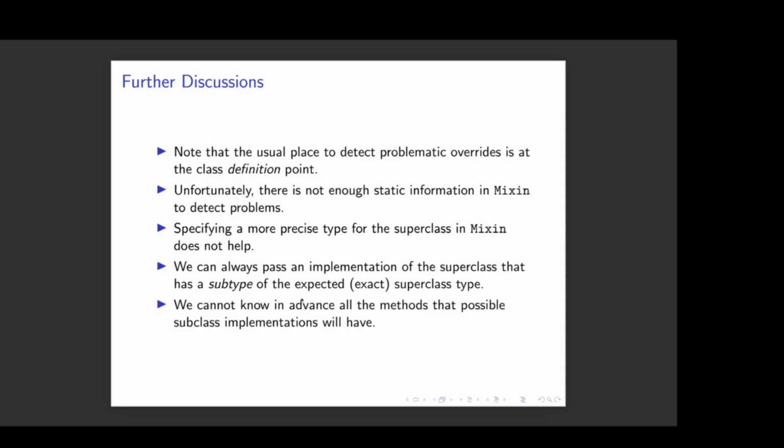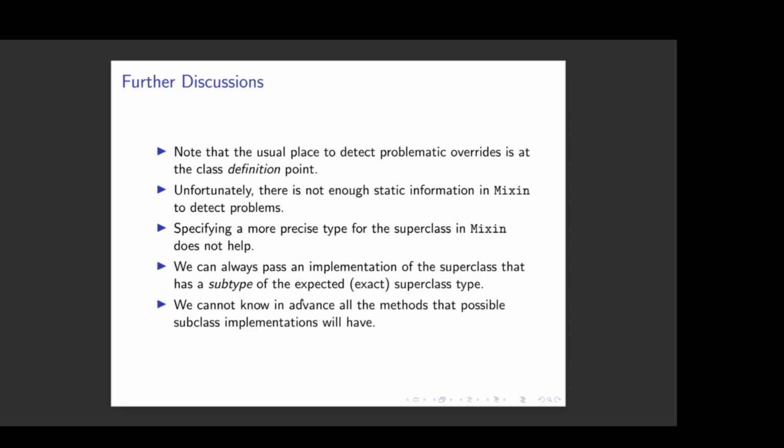But it doesn't help. Because the point here is that, okay, you can say that the interface of the superclass contains two methods, right? And so on. But this point is related: you have to anticipate. In the superclass, of course, you're going to create a superclass that is a subtype of the expected type.